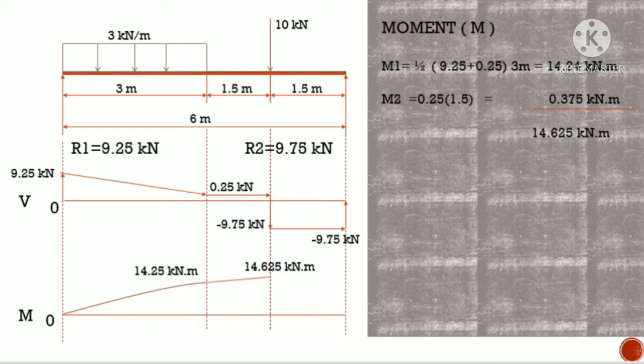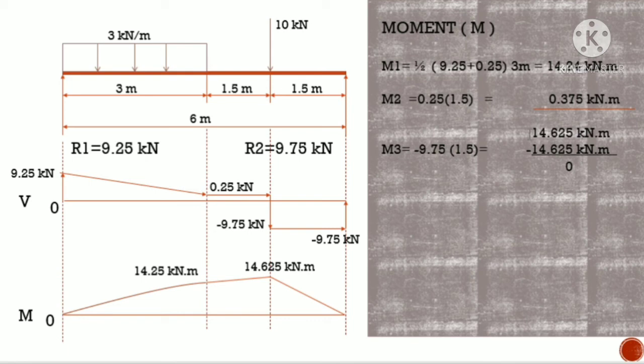Okay, so next is the last rectangle. Okay? So we have negative, kasi negative siya, no? Negative 0.75 times 1.5 na distance. Okay? So ang result niya is zero.